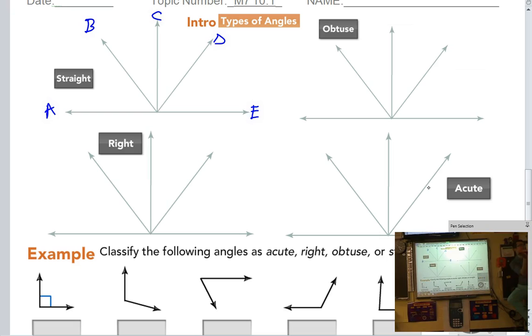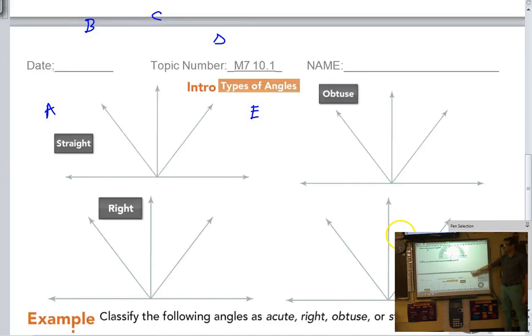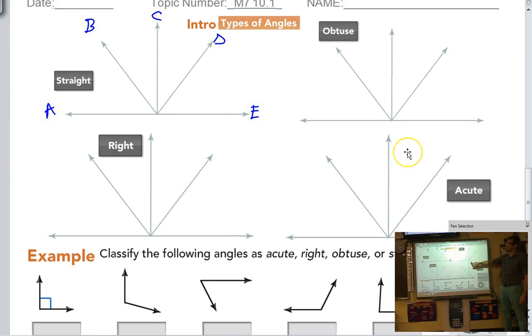If we flip all the way around to the other side, pointing directly opposite, what's the other number aside from 0? What's right beside 0 on the protractor? Right beside that 0, if I slide up, it's 180. So my straight angle is going to measure 180.